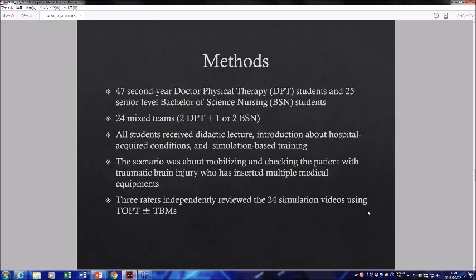The scenario was about mobilizing and checking a patient who has a traumatic brain injury and who has multiple medical equipment inserted. This patient is a young boy who has a chest tube, a nasogastric tube, O2 equipment and several other pieces of equipment. The nursing students need to check his back, whether there is any decubitus or skin ulcer or something like that.